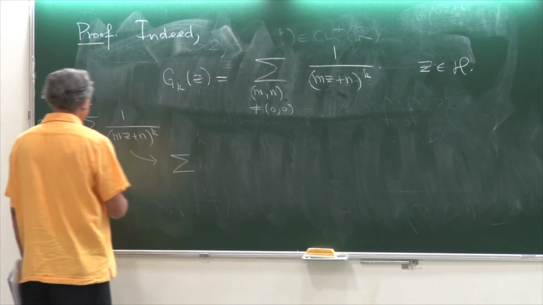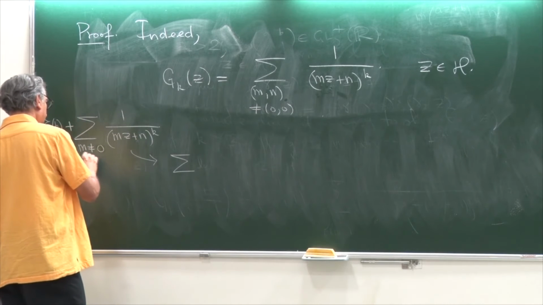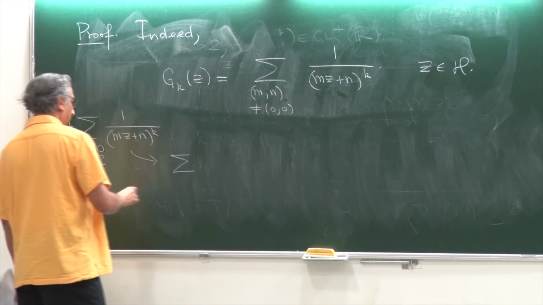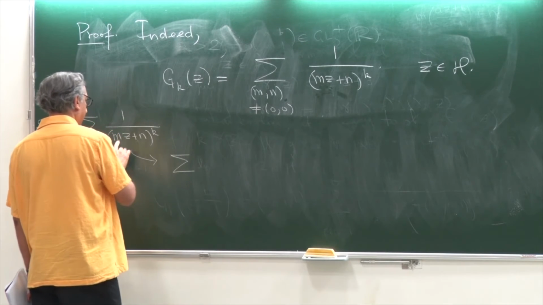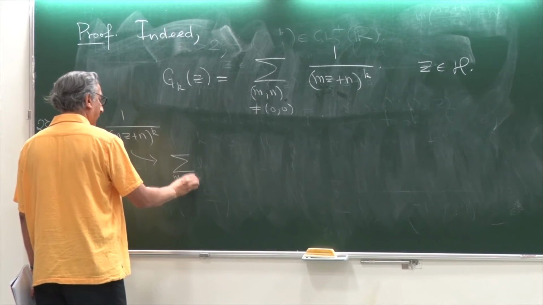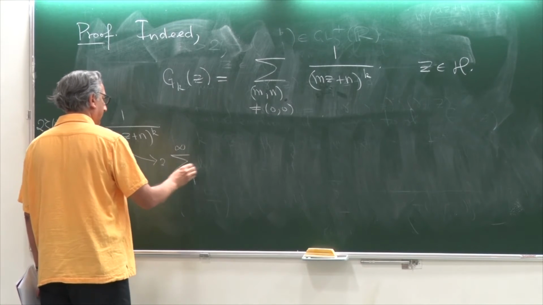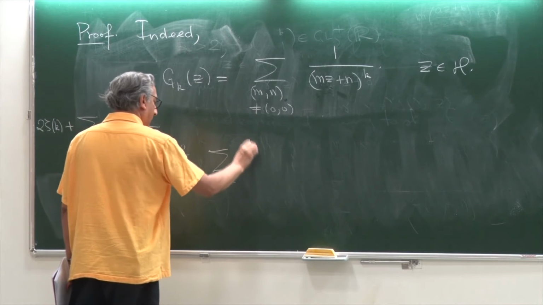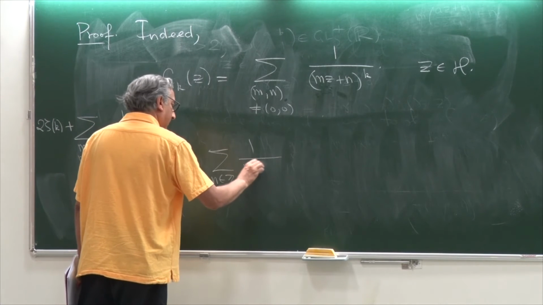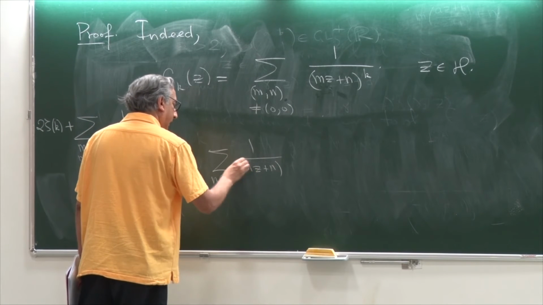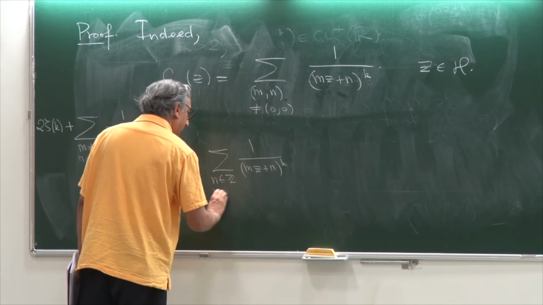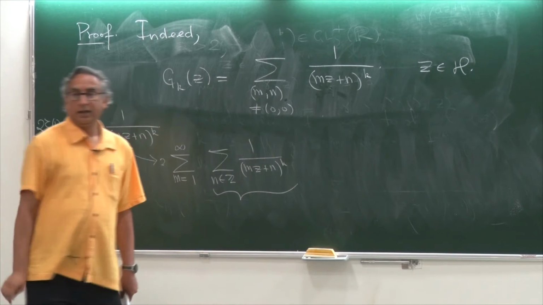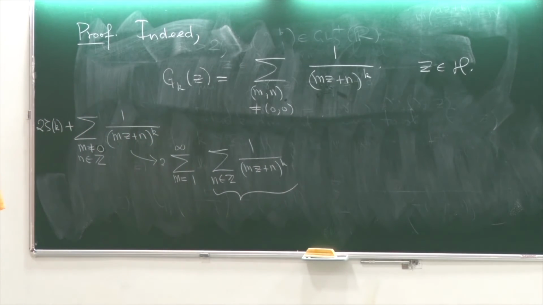So m not 0 and n is an integer. I can take this as m going from 1 to infinity and just double it, and then I have a summation over n in Z, 1 over (mz plus n) to the power k. So now the inside sum is set up so that I can apply the Lipschitz formula with z replaced by mz.